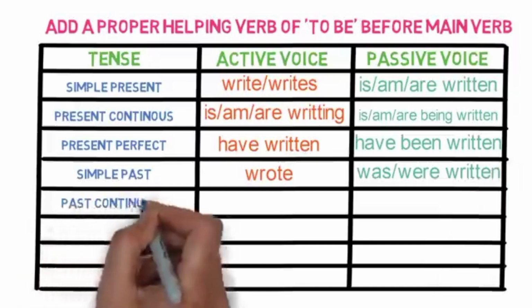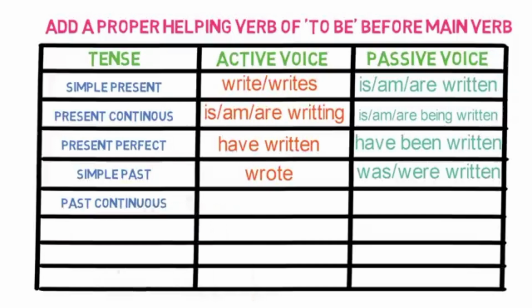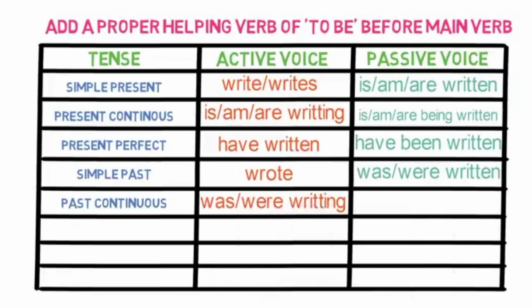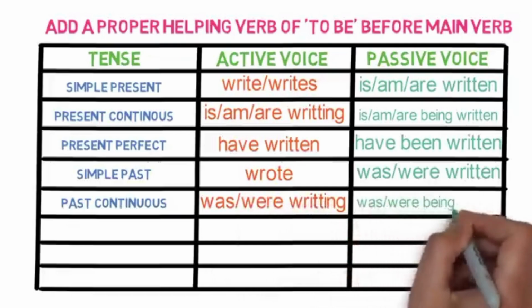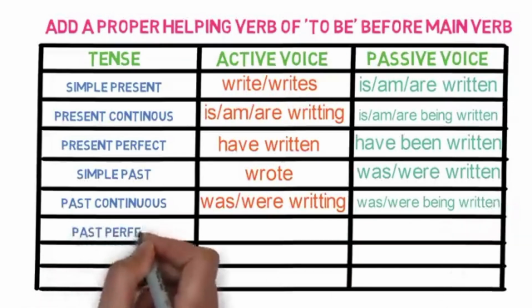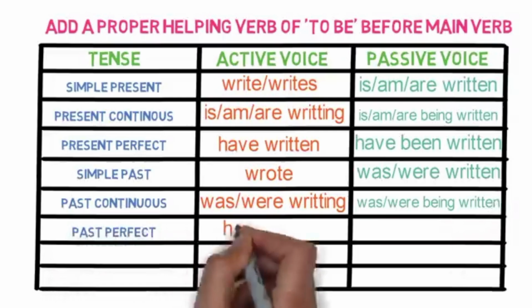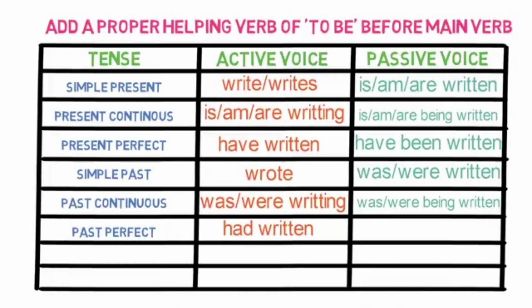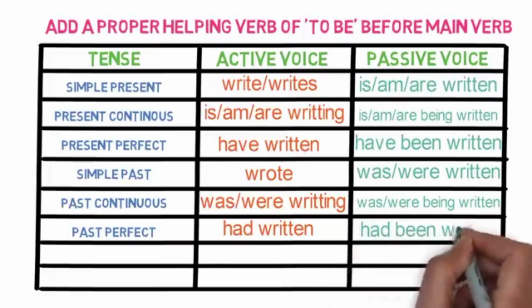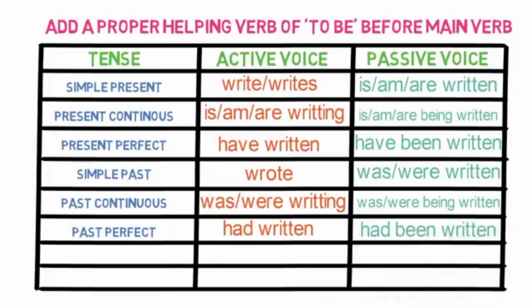Past continuous tense in active voice we use was or were writing, while in passive voice we add being helping verb after was, were and written. For past perfect tense, in active voice we use had written, while in passive voice we use helping verb been after had and written, which is verb's third form.